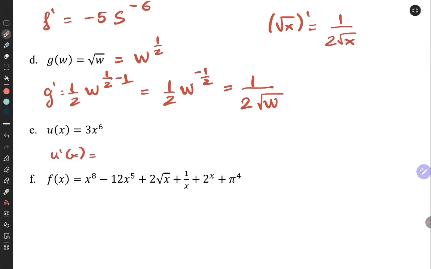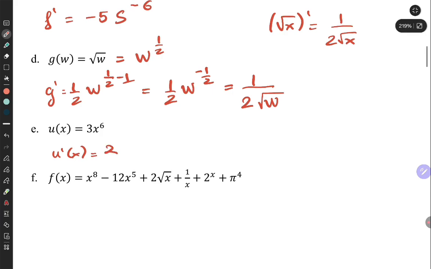Any volunteer? Want to chip in? Go ahead. 18x to the power of 5. 18, okay. Correct. All right. But before I put the 18 down, I want you to write down, okay, so 3 is still there. We multiply by 6x to the power 6 minus 1.